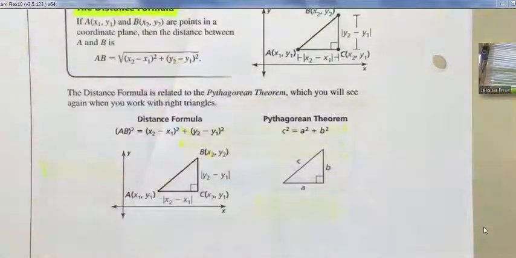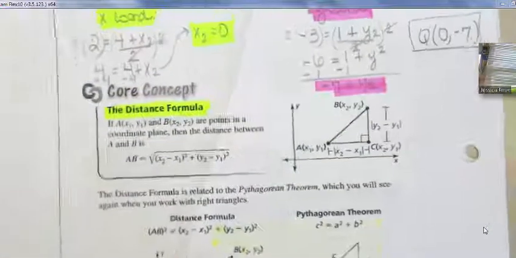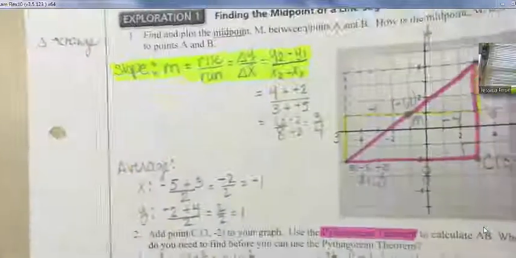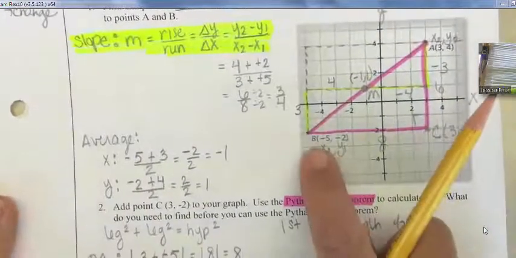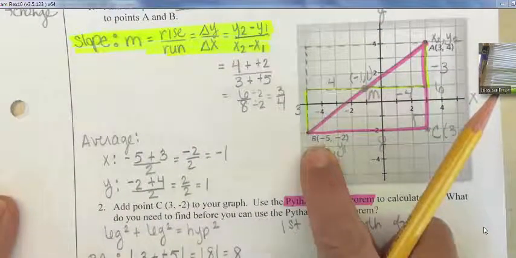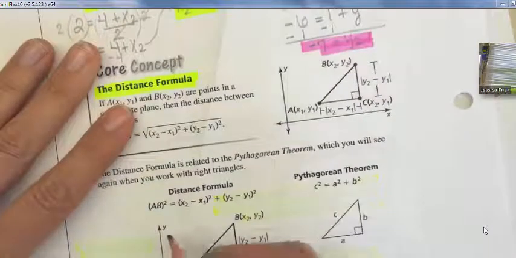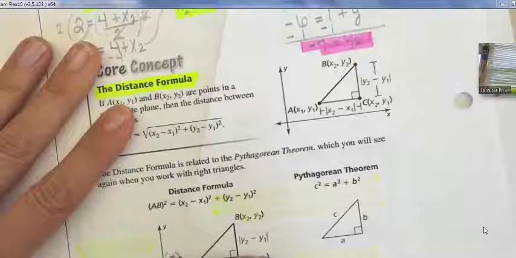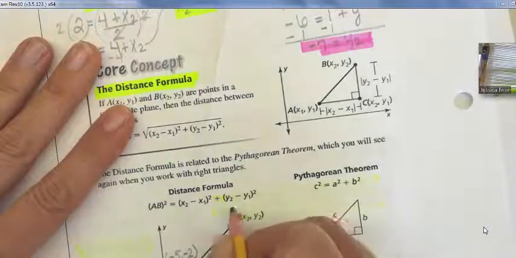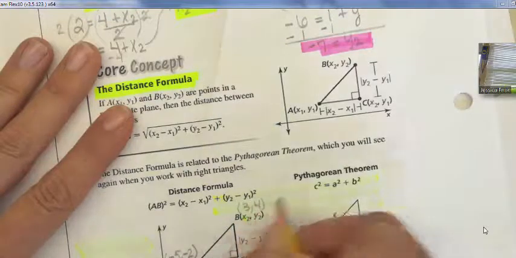So I'm going to go back to that first example that we did, and I'm going to grab those coordinates. So the coordinates of B were -5, -2, and A was 3 and 4. Okay, so I'm going to just write over here that A is -5, -2, and B is 3, 4.